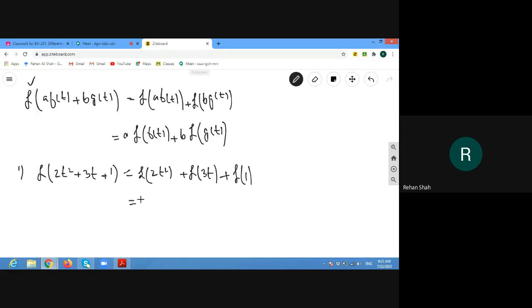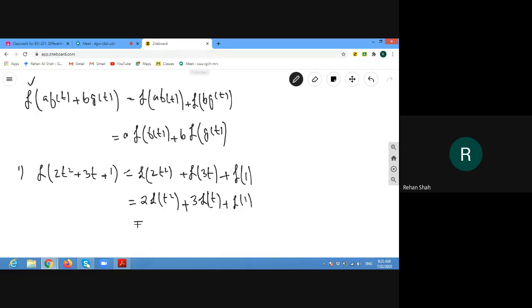You can also take common this 2 from Laplace, because Laplace is an integral. If there is a constant value inside an integral, you can take it common. So this is 2 times Laplace of t square, plus 3 times Laplace of t, plus Laplace of 1.